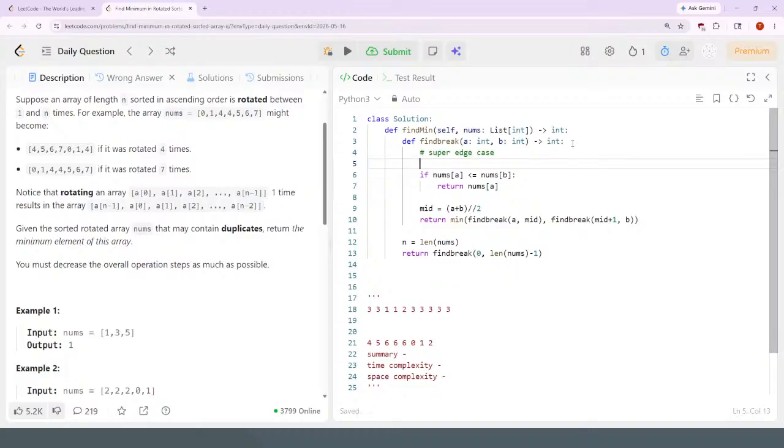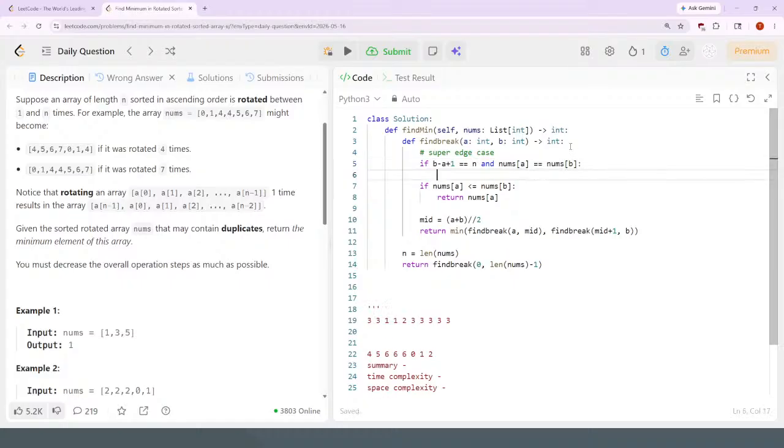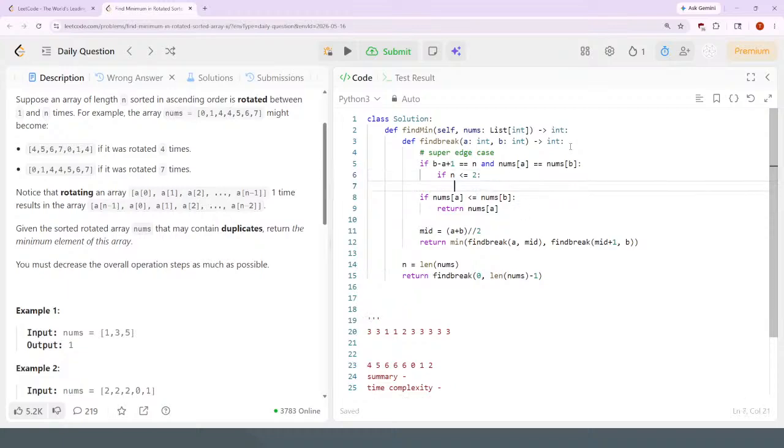So if b minus a plus 1 equals n, and nums at a equals nums at b, then if n is less than or equal to 2, then this is the only thing.